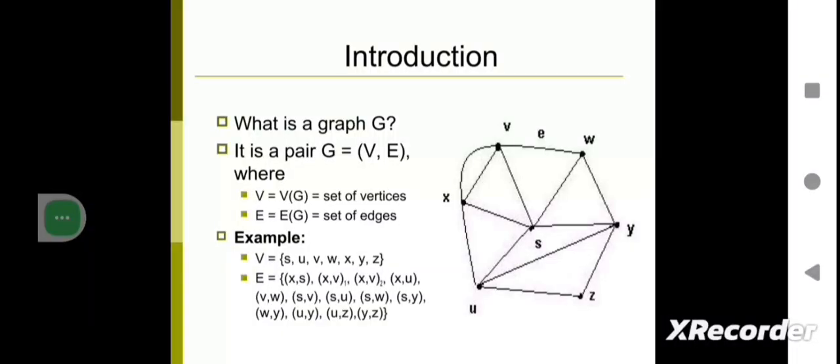Vertices are denoted by points, that is X, V, W, Y, Z, U, marked by a simple dot. Then edges: two vertices connected by a line or path is an edge. In simple terms, two vertices connected by a line is an edge.